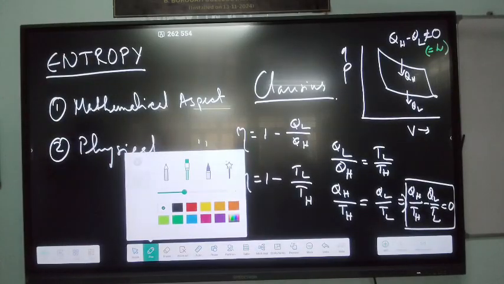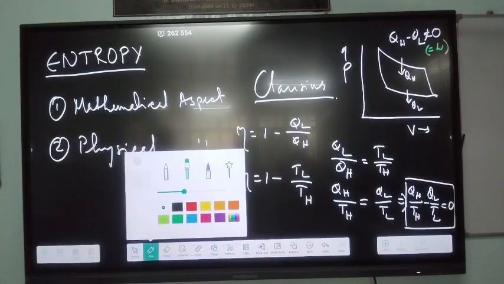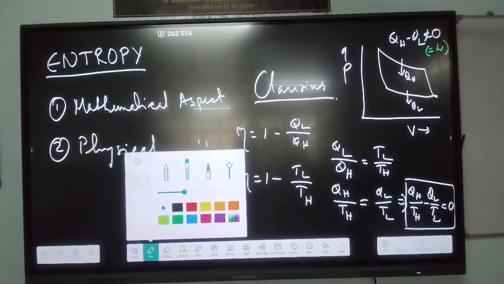So in the Carnot engine we see that in one complete cycle, QH minus QL is equal to the work done, that means it is not equal to 0.